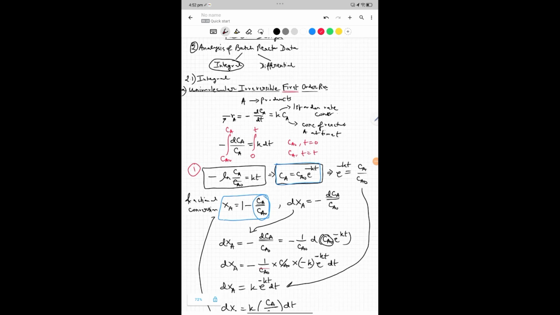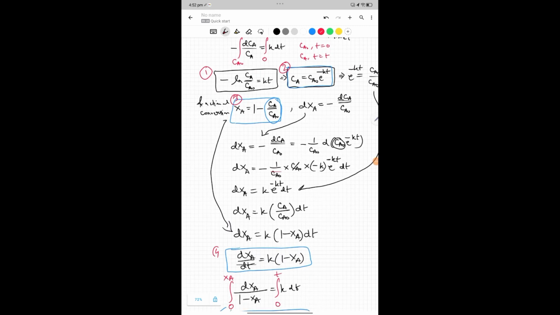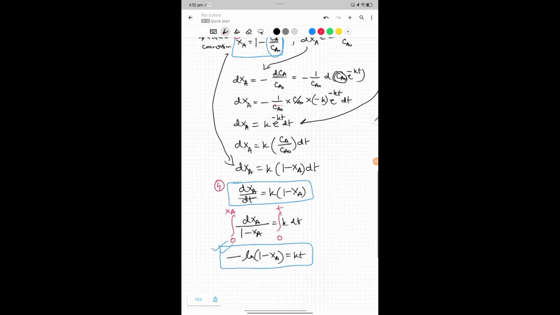Number two, Ca is equal to Ca naught e to the power of minus kt. Number three, xa is 1 minus Ca by Ca naught. Number four, dxa by dt is equal to k into 1 minus xa. And number five, the final equation, minus ln of 1 minus xa is equal to kt.